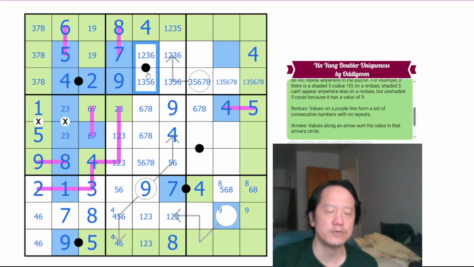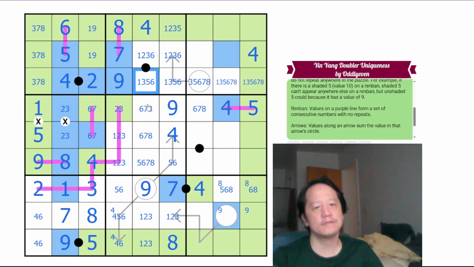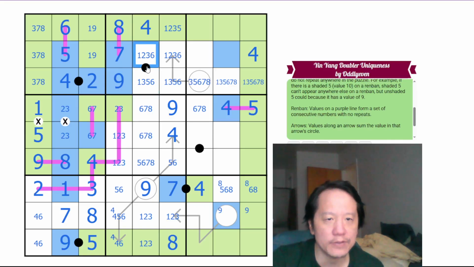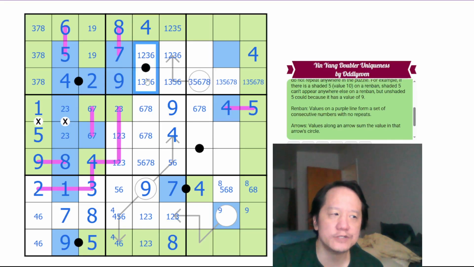So these have to be in a 1 to 2 ratio. 5 could be 10, so that could work. What this cannot be, though, is two shaded cells here.